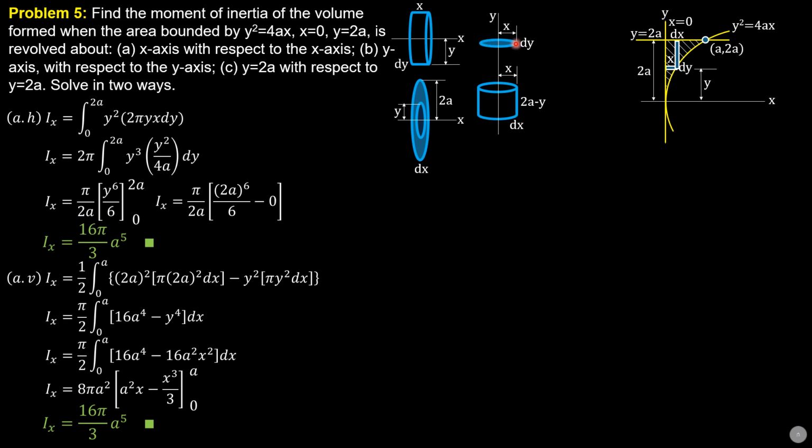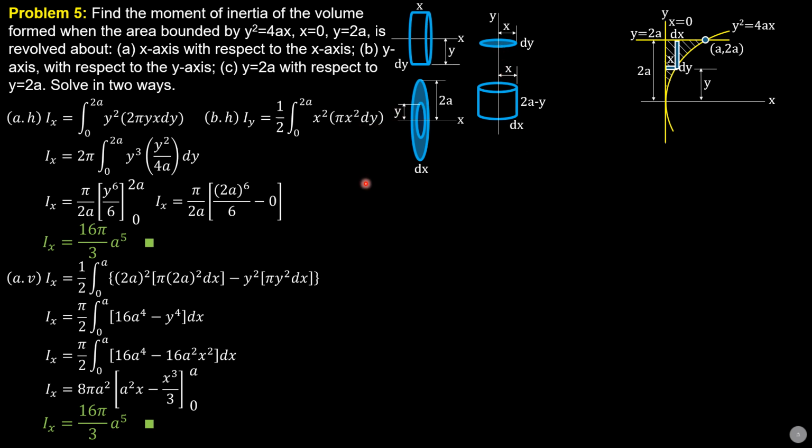Pi over 2 integral of radius to the fourth, x to the fourth dy. That's the shortcut based on the result from before. But we begin with 1/2 radius squared, x squared, then the differential volume, which is pi x squared dy for this disc.